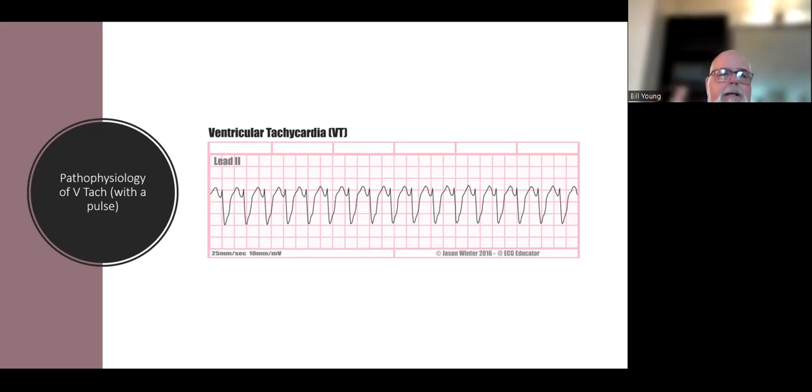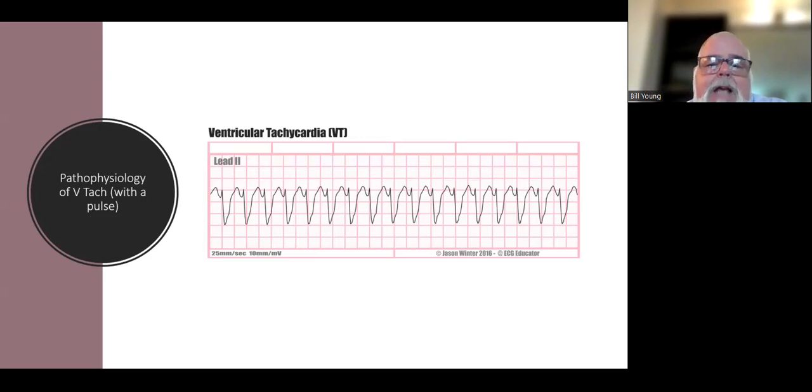So a short run would be 3 to 10, anything from 10 on up to say 100 of the VTAC itself would be a long run, and then just straight VTAC that you would see would be considered sustained.